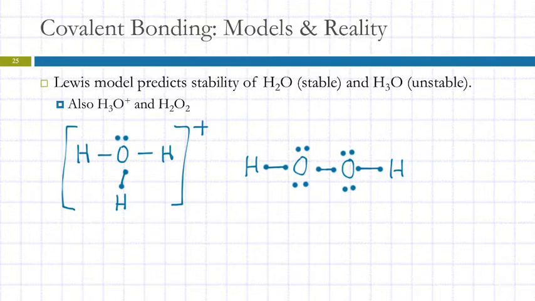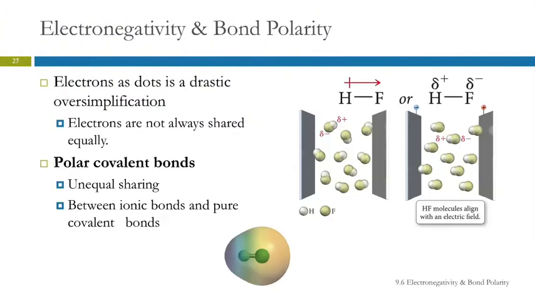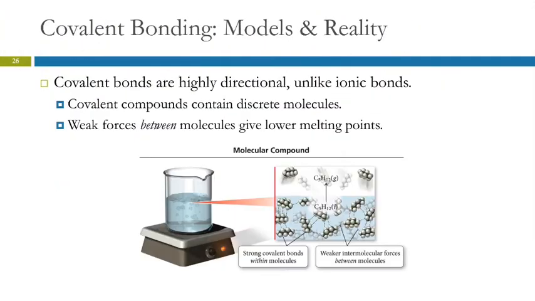So this is a force of attraction in one direction only. So when we think about covalent compounds, we've got discrete molecules where we have this bonding between the atoms in the molecule, but what holds the molecules together?